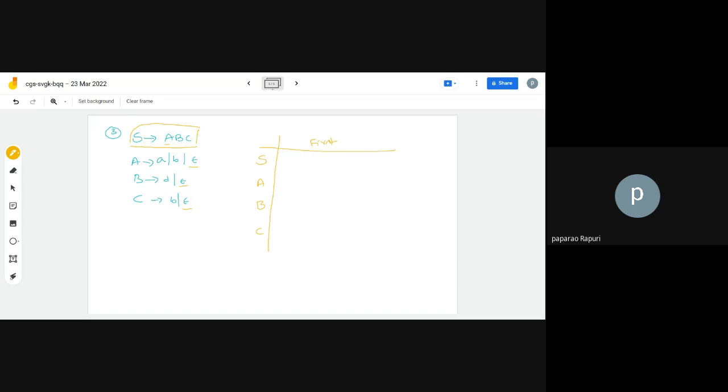So what we have discussed, suppose if that non-terminal is producing epsilon, then we need to eliminate that epsilon from that set. Here we need to construct first set of A minus epsilon union first set of B minus epsilon, because it is producing epsilon, and this is also producing epsilon.